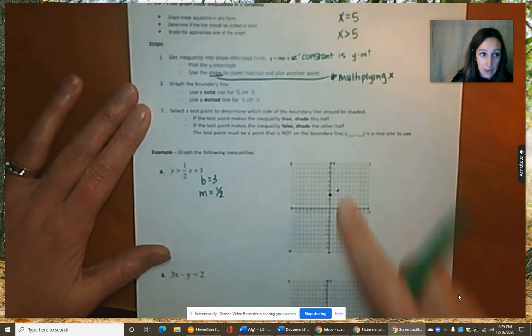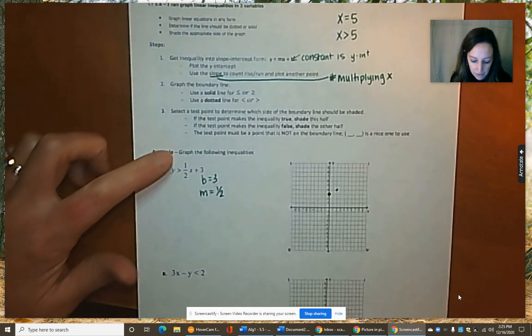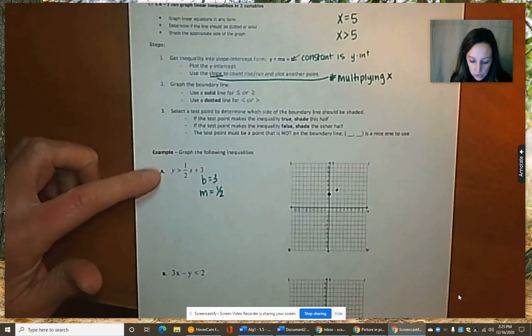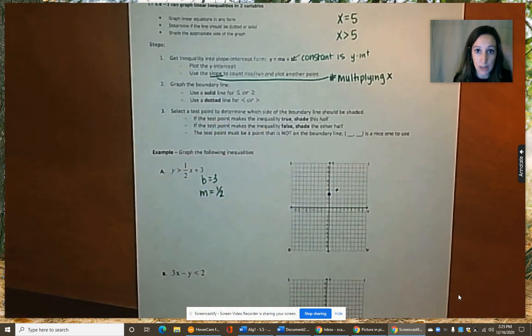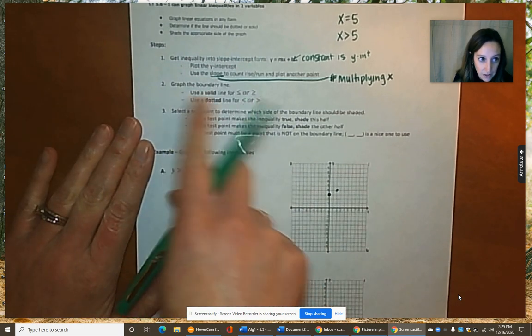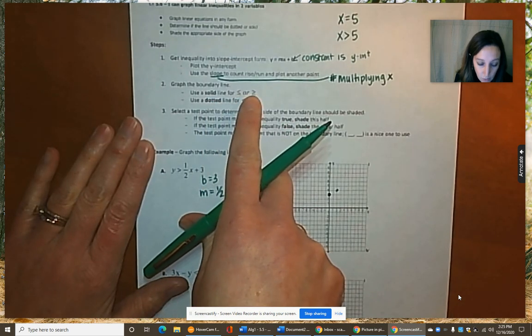I've done that. Now, usually, if we were just graphing an equation, we would connect those points with a line and be done. Now we're graphing inequalities. So when you graph the boundary line, because it's going to be anything greater than or anything less than, depending on our inequality, I have to follow this rule. I'm going to use a solid line if it's an inequality that's equal to.